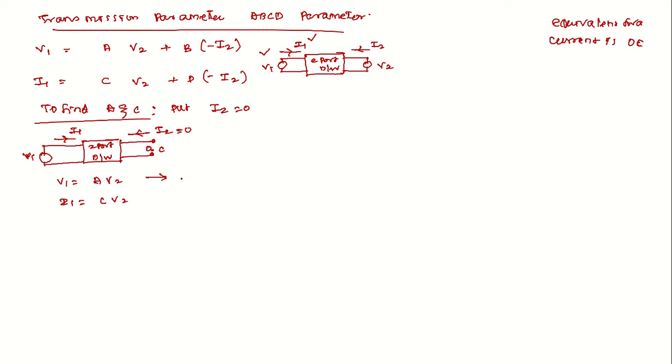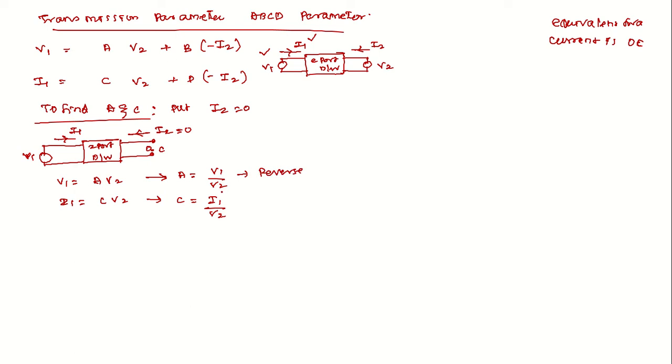Now we can write the value of A as V1 by V2, and the value of C as I1 by V2. What are the values of A and C?